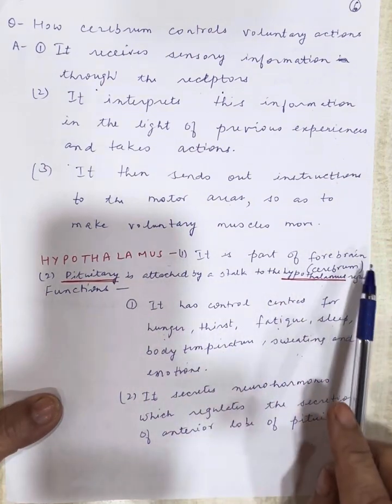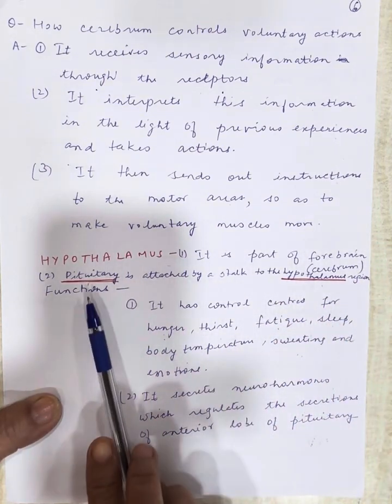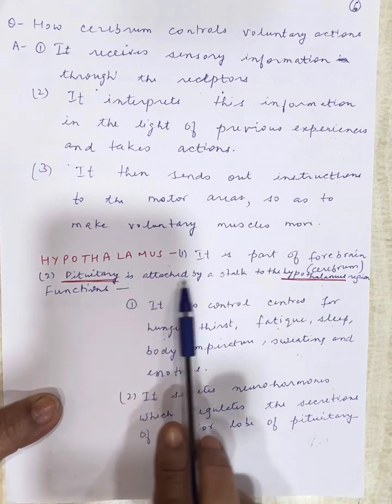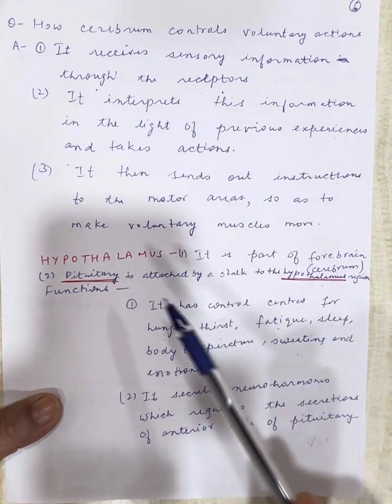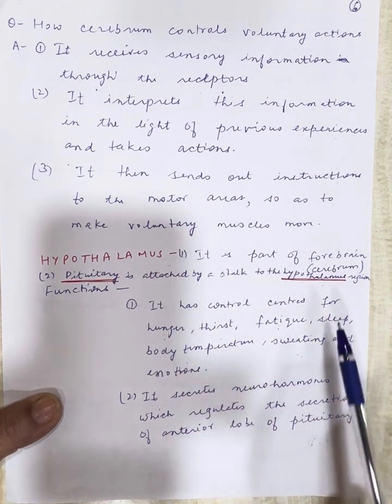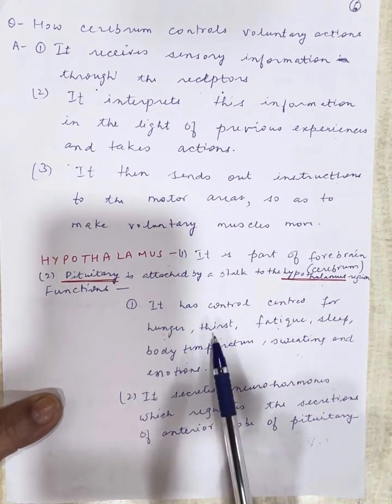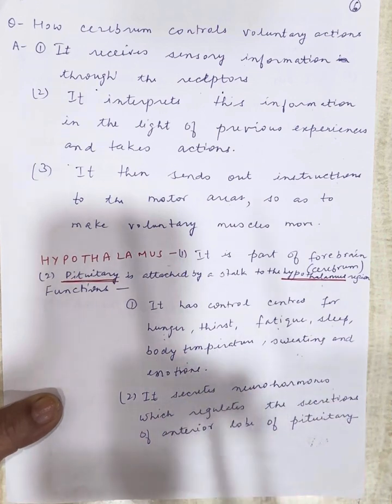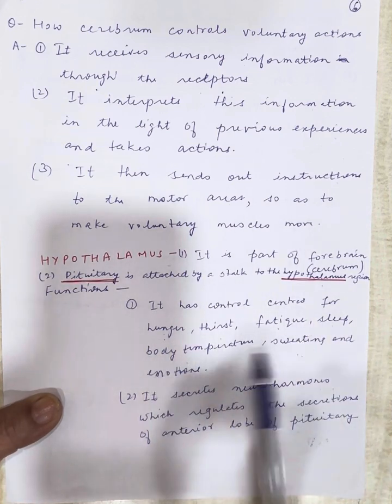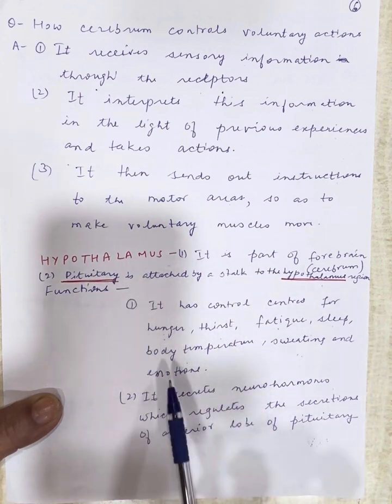It is a part of the forebrain, and the pituitary is attached by a stalk to the hypothalamus region. The main functions of the hypothalamus are: it is the control center for hunger, thirst, fatigue, sleep, body temperature, sweating and emotions. These important functions are controlled by our hypothalamus.